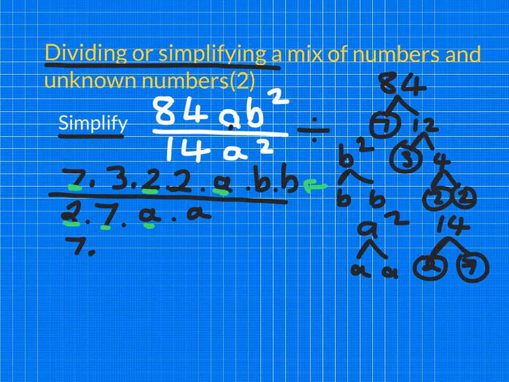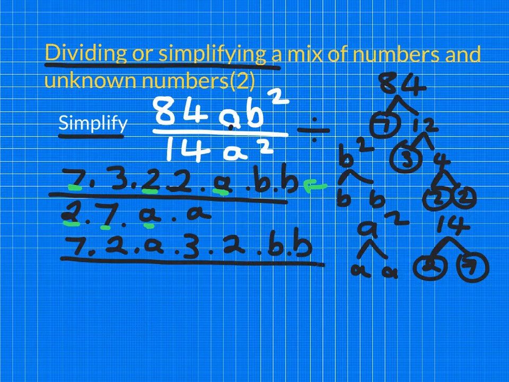So it might be simpler if we start to write the 7 and then the 2 and then the A, and then the rest of the numbers and letters on the top. 7, and then we've got to put another 3 in there. The first 2 has been used, then we've got a 2, then we've got a B and a B. So this is exactly the same as before, just written in a different order, which doesn't change the value. And then we also need our 7 and our 2 and our A and our final A on the bottom.